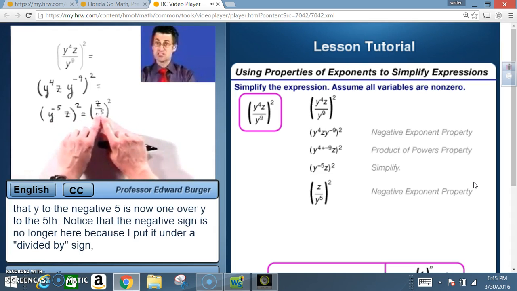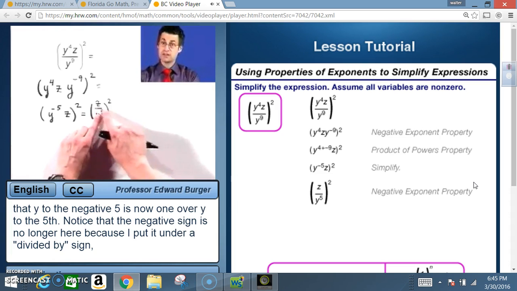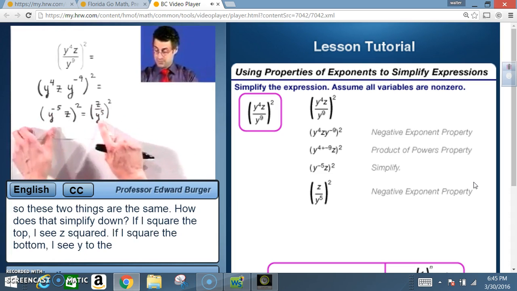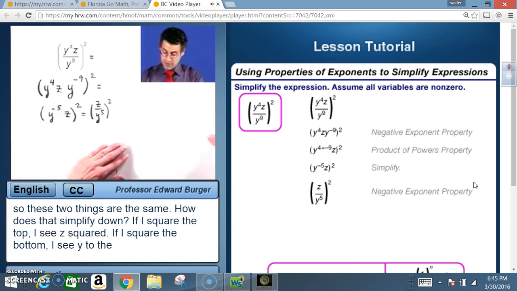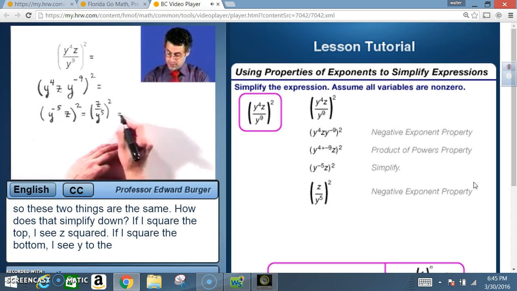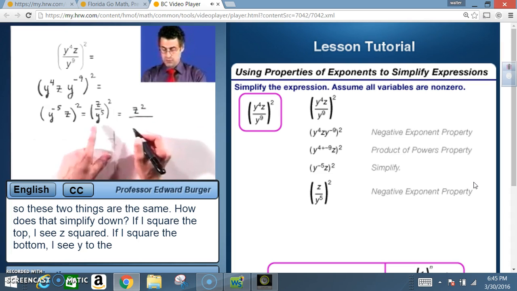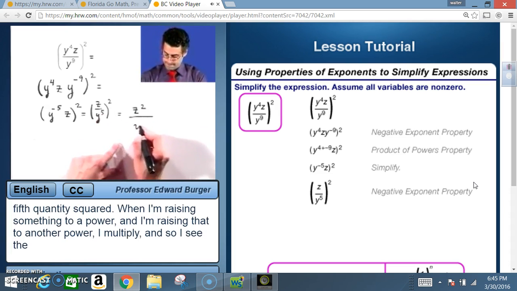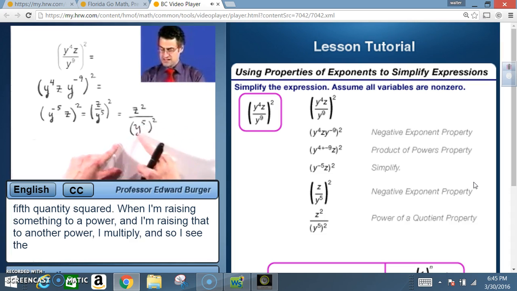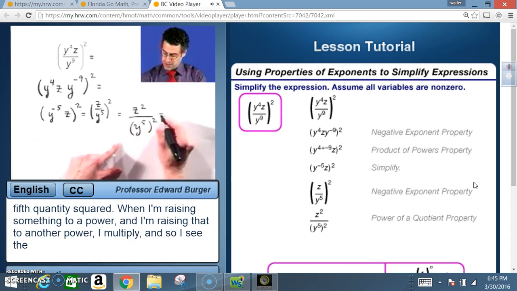So that y to the negative 5 is now an over y to the 5. Notice that the negative sign is no longer here because I put it under a divided by sign. So these two things are the same. And now how does that simplify down? Well, if I square the top, I see z squared. If I square the bottom, I see y to the 5th quantity squared. And when I'm raising something to a power and I'm raising that to another power, I multiply.